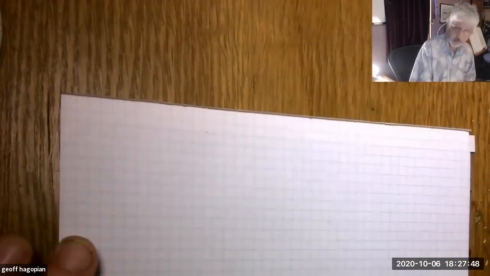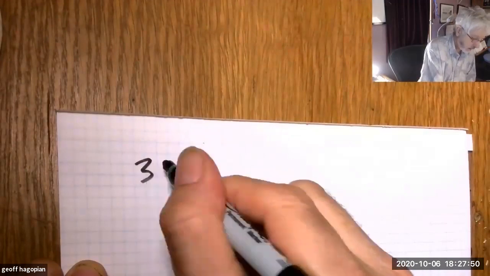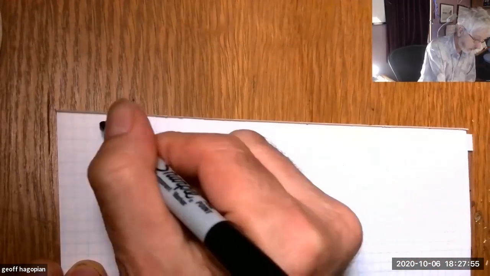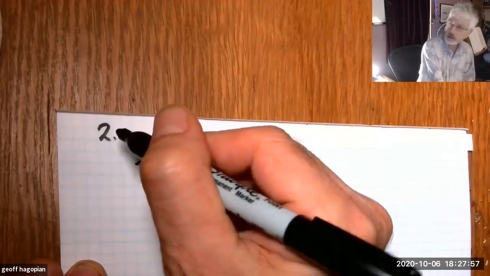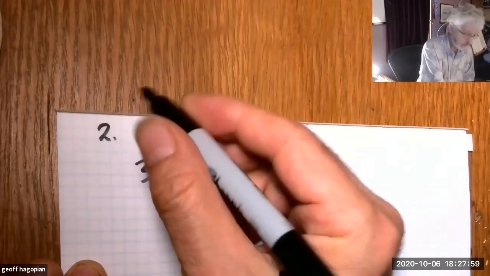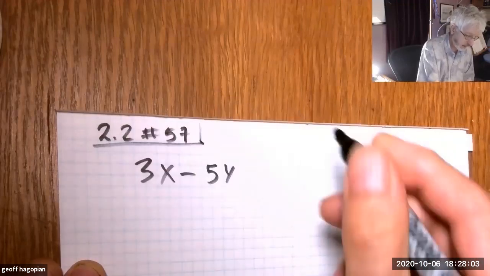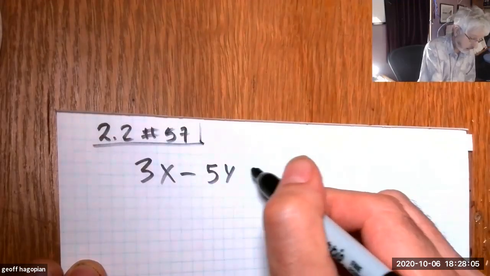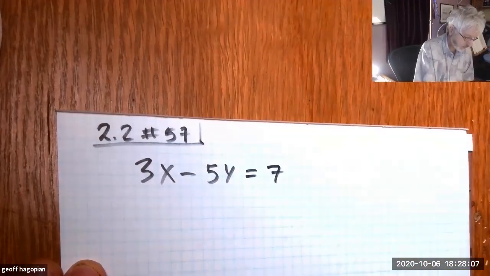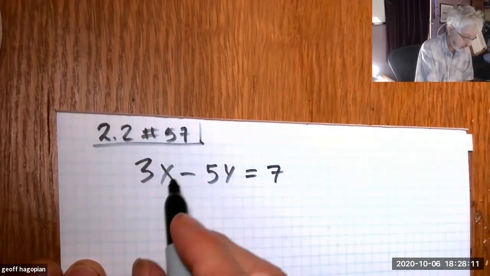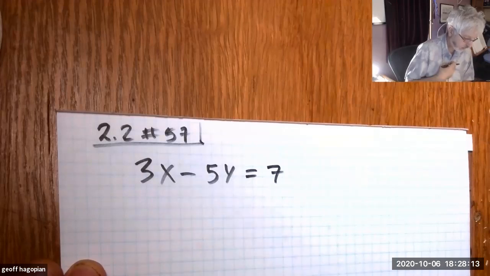So if you have 3x minus 5y, I'm just copying the number. 2.2, I think, is the section we're on. Number 57. We've got to get a move on here, huh? Equals 7. This is a linear relationship. How can you tell? Well, there are no weird powers on x or y, right?